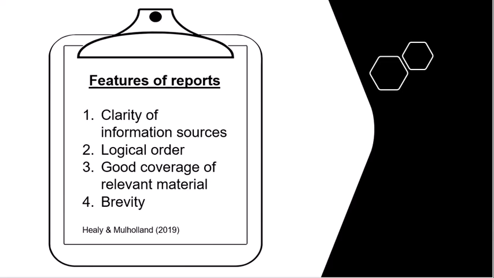It might be that you choose a different structure for your report, and that's absolutely fine. It's whatever is helpful for you and whatever you believe will be helpful for the reader.